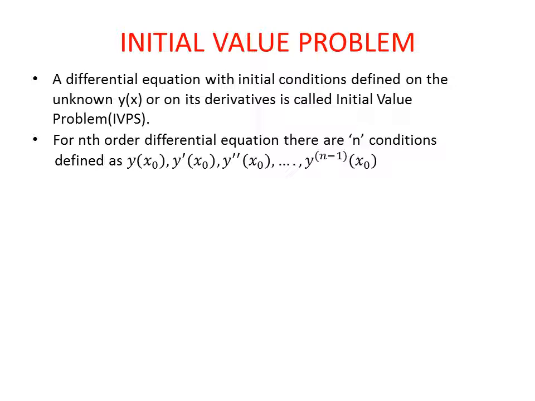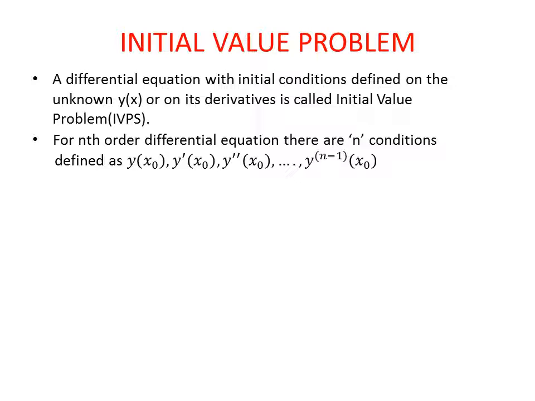For an nth order differential equation, there are n conditions defined as y at x naught, y prime at x naught, y double prime at x naught, up to the (n minus 1)th order derivative at x naught.